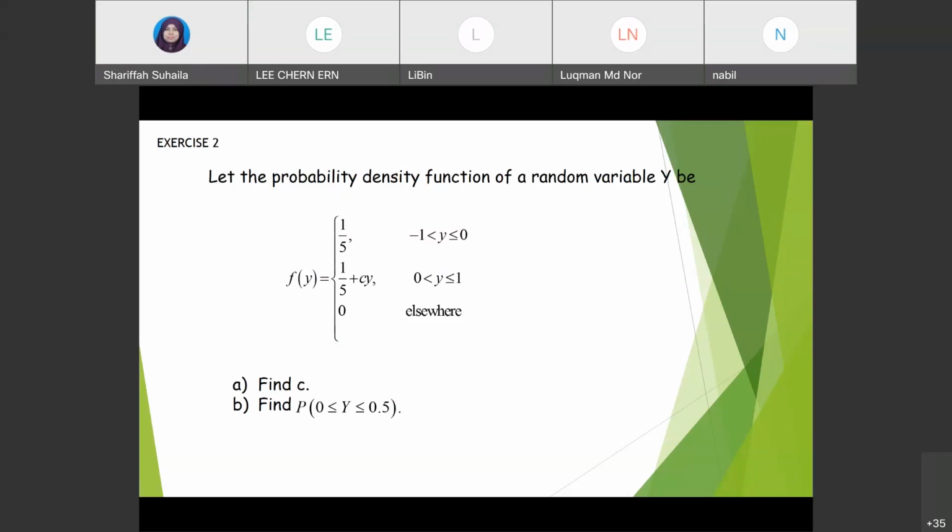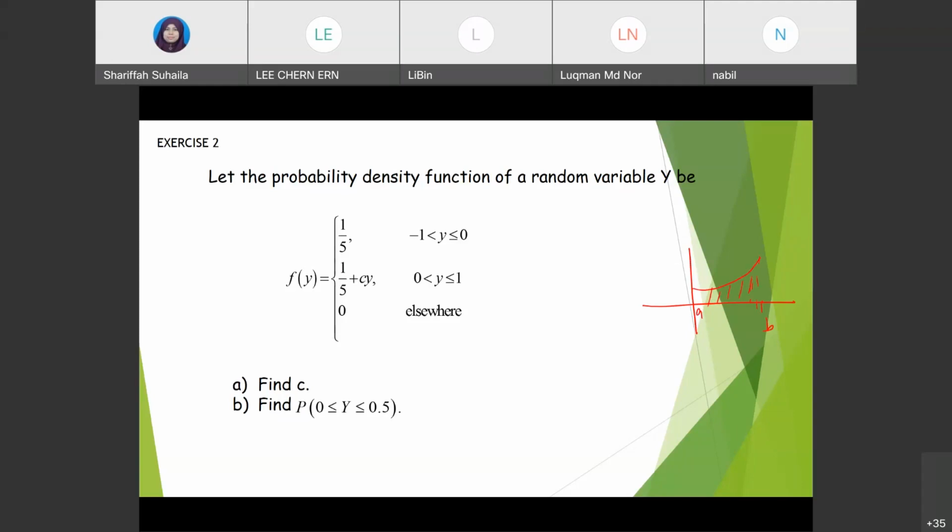Okay, so same concept. Total area under the curve, or total probability, is equal to 1. So when I mention total area under the curve, it means, let's say you have a function like this. For example, this one is your A, this one is your B. So that means you integrate your function, the area under the curve.